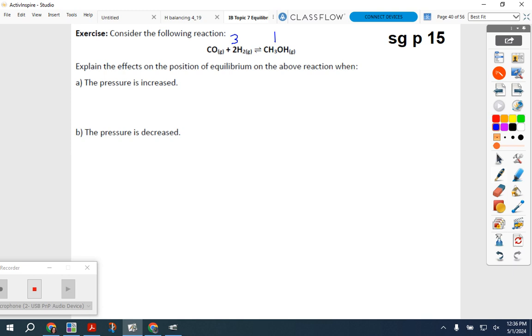Even though the particles themselves are bigger, they're so infinitesimally small that the volume of the particle doesn't have much of an effect on the pressure. So having fewer particles decreases the pressure. Okay? So we're going to shift to the right. If the pressure is decreased, we're going to make some more moles of gas and shift to the left.